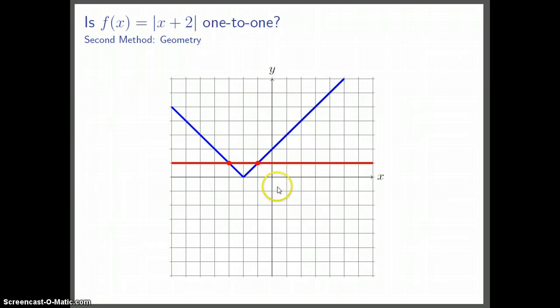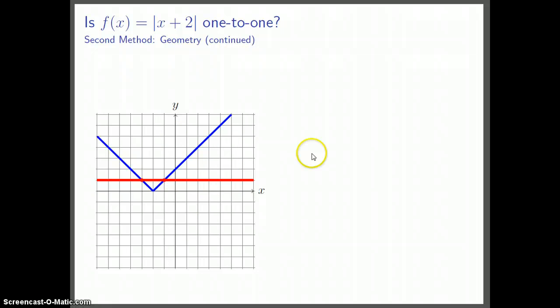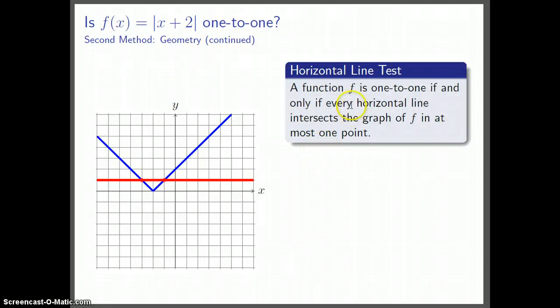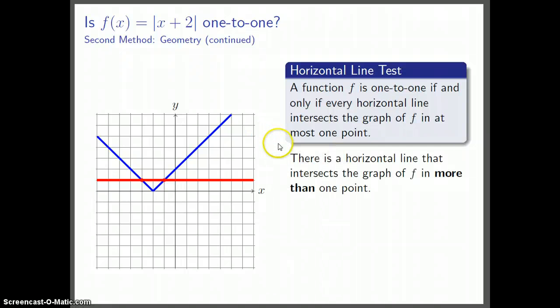I'd like to summarize why the horizontal line test fails and what's going on, but I need a little more room, so let's throw this up on the next slide and make it a little smaller. Okay, there it is. Recall the horizontal line test: a function f is one-to-one if and only if every horizontal line intersects the graph of f in at most one point. But there is a horizontal line that intersects this graph in more than one point.